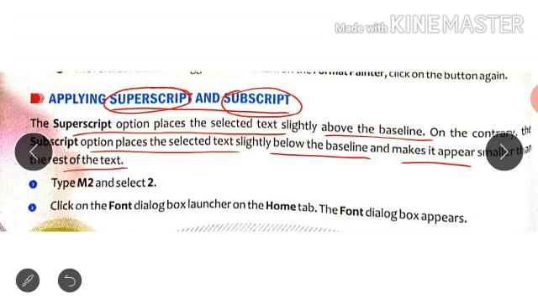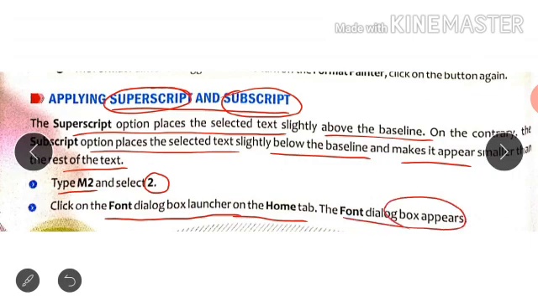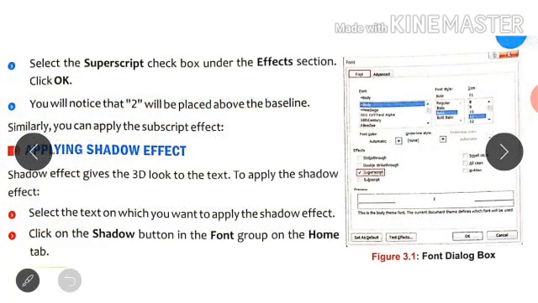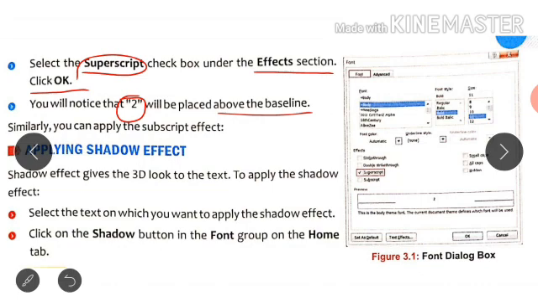Now suppose you type M2 and then select only the number. Then click on the font dialog box launcher on the home tab. The font dialog box will appear. Then you select the superscript checkbox under the effects section. Click OK. You will notice that this number 2 will be placed slightly above the baseline.